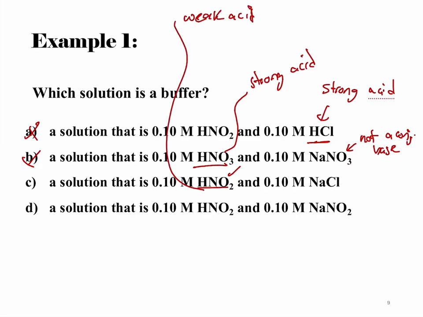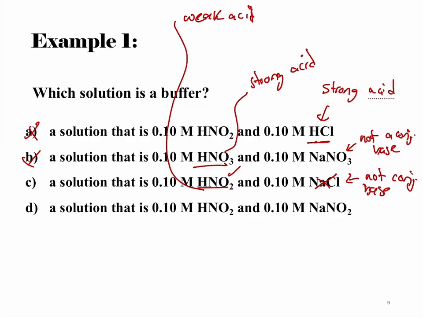So that's fine. But what about sodium chloride? Is that going to act as a weak base in solution? No. So for the same reason that hydrochloric acid doesn't have a conjugate base, sodium chloride is not going to be our conjugate base, right? So this is not a conjugate base.